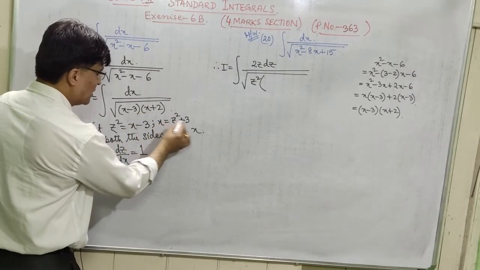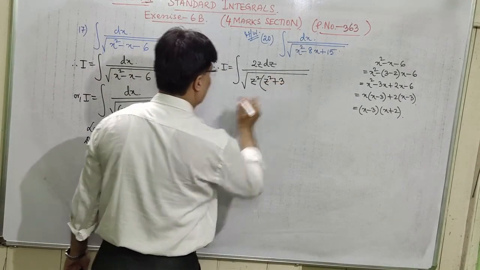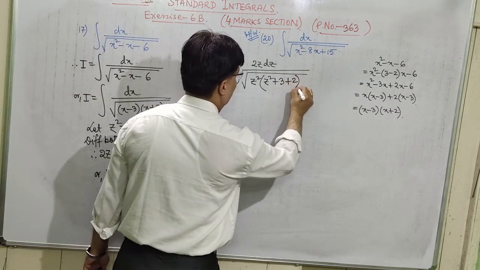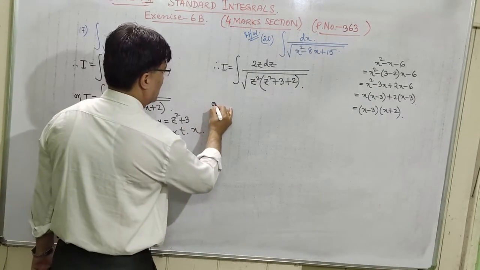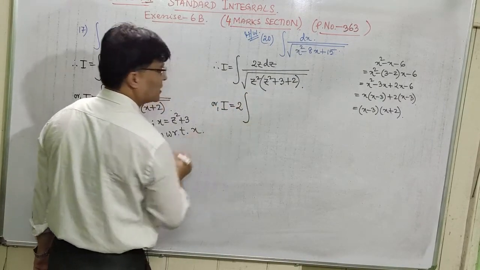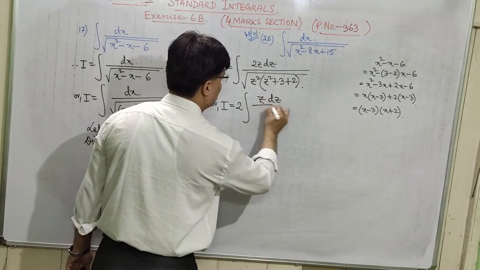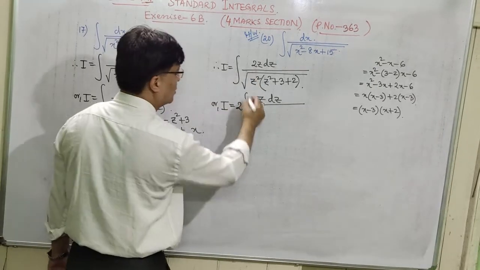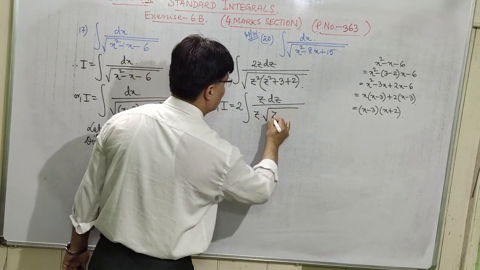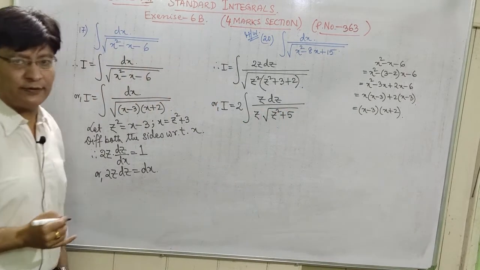What is x here? It is z square plus 3, plus 2. Bracket closed. Or I is equal to 2, a constant, taken outside, integral z dz divided by, what is square root of z square? That is z, and it is root over z square plus 3 plus 2, which is 5.